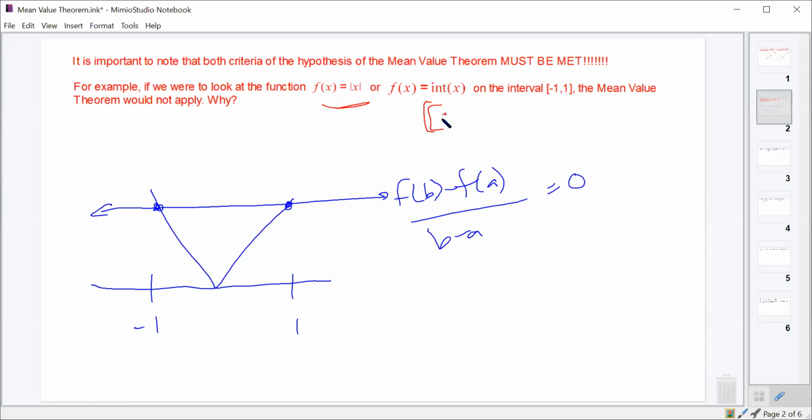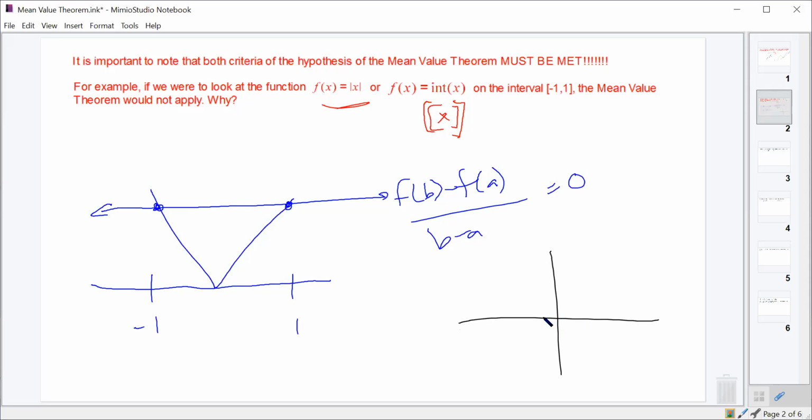You guys familiar with the greatest integer function, int of x, or sometimes written like this, double brackets x? No. Anybody know what that function is? You do, you just probably don't remember what it's called. No?